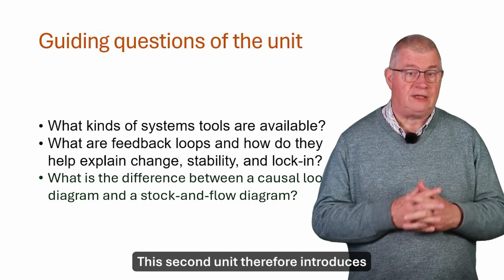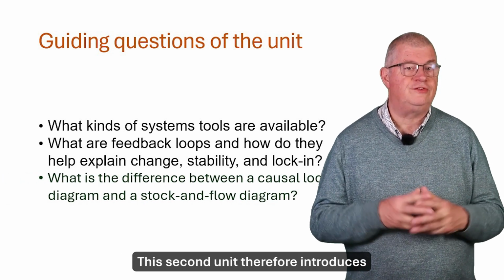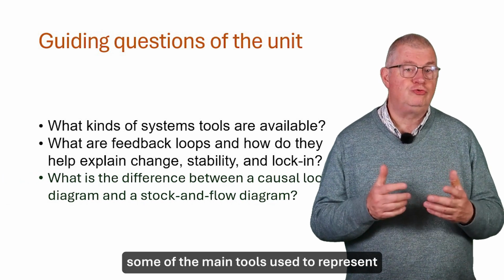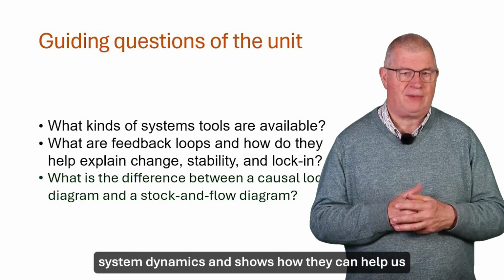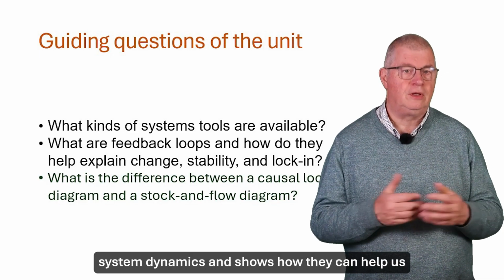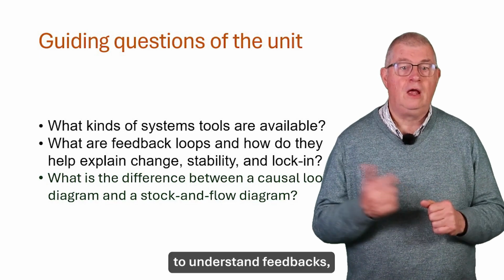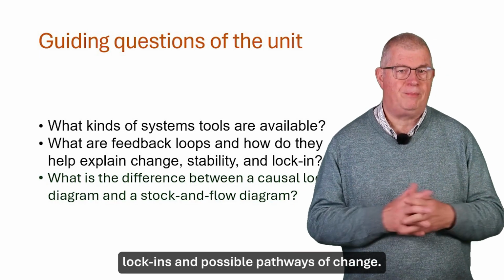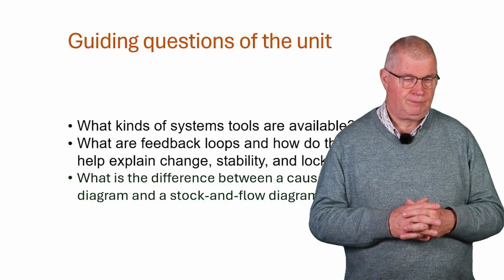This second unit therefore introduces some of the main tools used to represent system dynamics and shows how they can help us to understand feedbacks, lock-ins, and possible pathways of change.